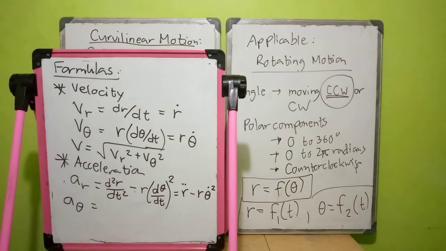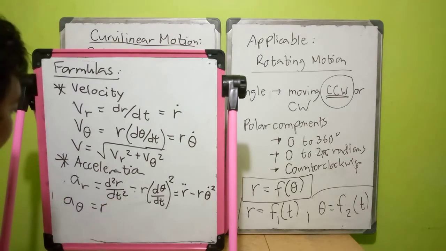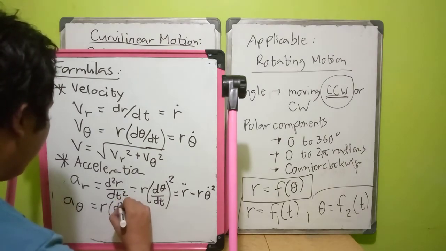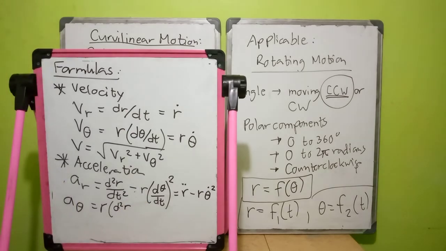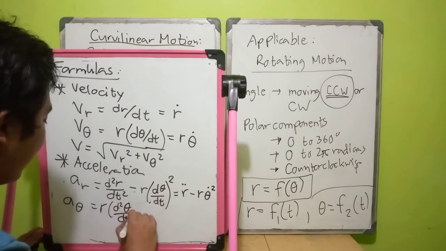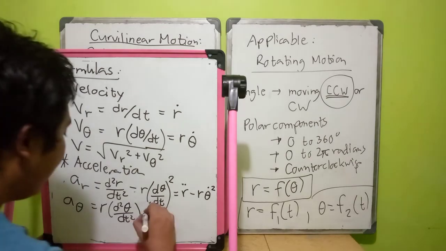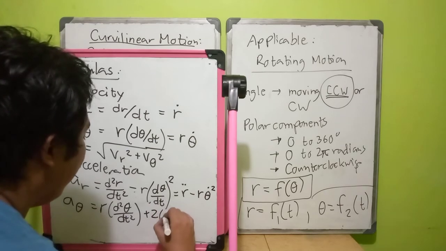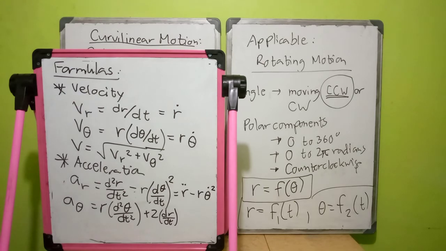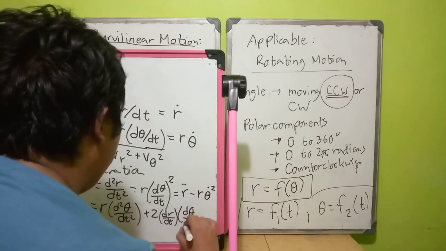Your angular acceleration will be equivalent to r multiplied by d squared theta over dt squared plus 2 dr over dt multiplied by d theta over dt.